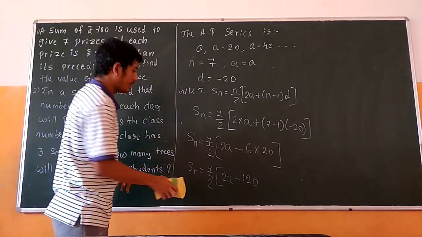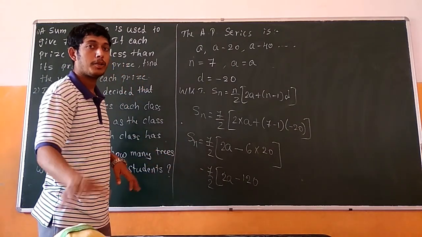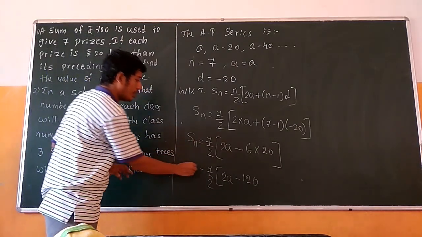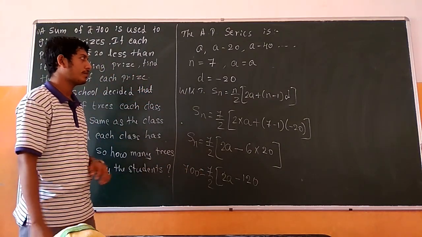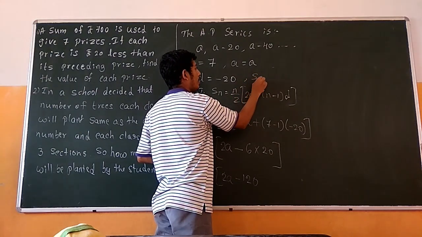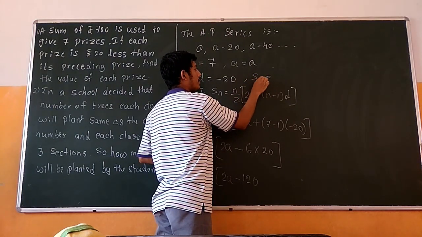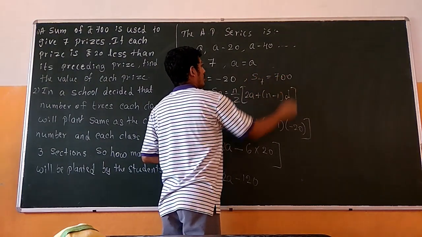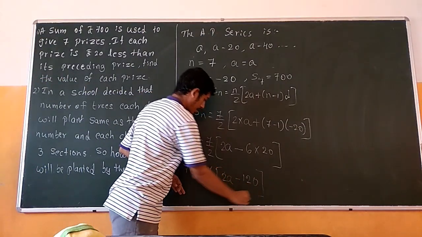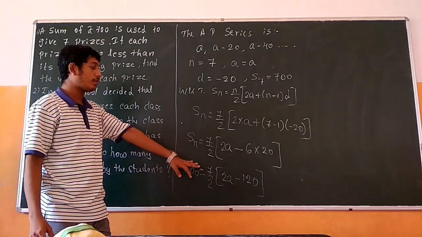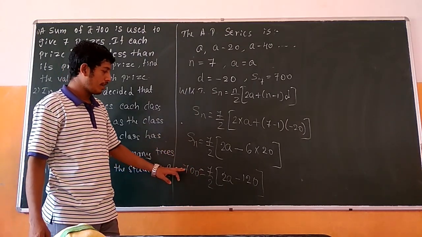I can take Sn equal to 700, because the total sum is 700 rupees. Therefore, I will take Sn equal to 700. I will write in the given data also S7 is equal to 700. So now, by using this equation, I have to find the value of A here.